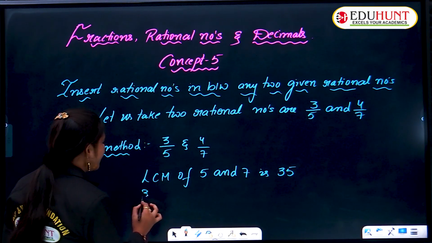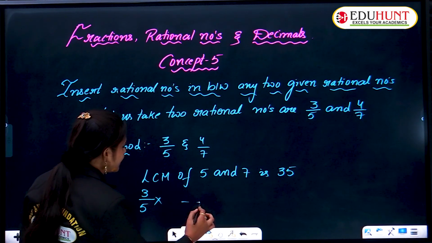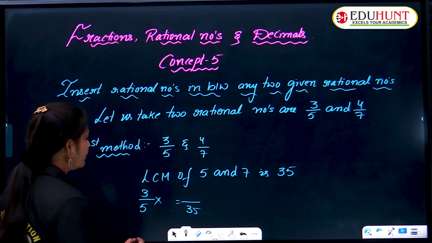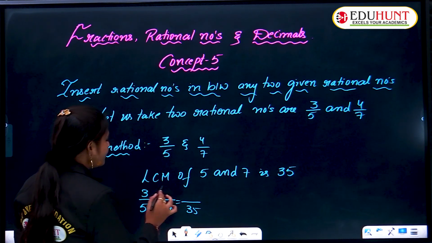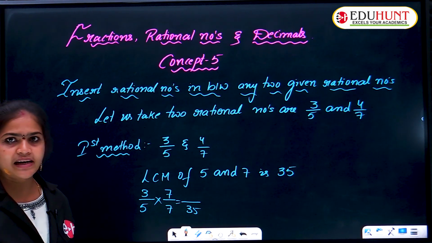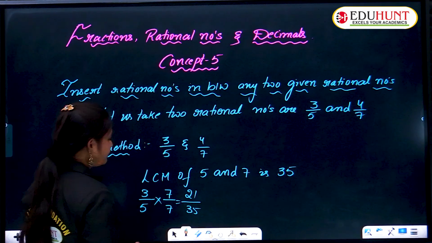Now 3 by 5 is the first rational number, and the LCM is 35. 5 into how much is 35? 5 sevens are 35, so 7. We should multiply both numerator and denominator by the same number, so 3 sevens are 21.